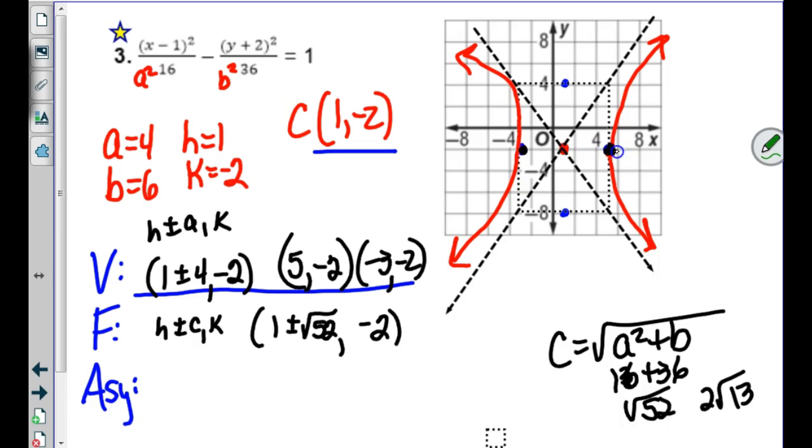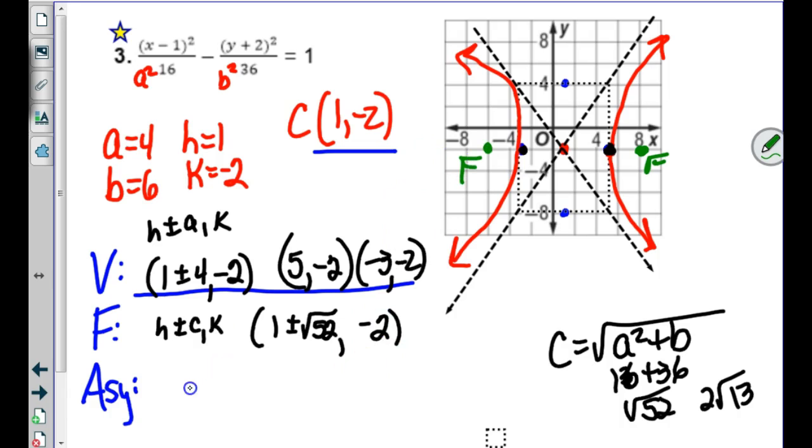So it's a little over 7. So 1, 2, 3, 4, 5, 6, 7. Somebody do 1 plus the square root of 52 and tell me what you get. Is it close to 8? Okay, so I was right. It's in here a little bit. All right, and then you would go this way, and 1 minus the square root of 52 would have you over here somewhere. Okay, those are the foci.